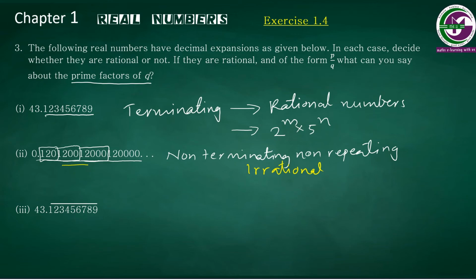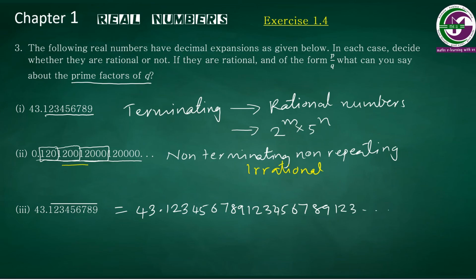You can see a bar on the top of the decimal part. The bar means that block is repeating. So actually it can be written like this: 43.1, 2, 3, 4, 5, 6, 7, 8, 9, again 1, 2, 3, 4, 5, 6, 7, 8, 9, again 1, 2, 3, and it will go like this.